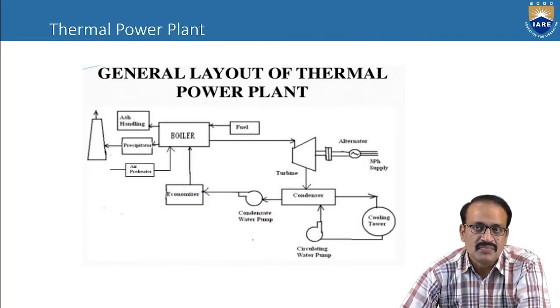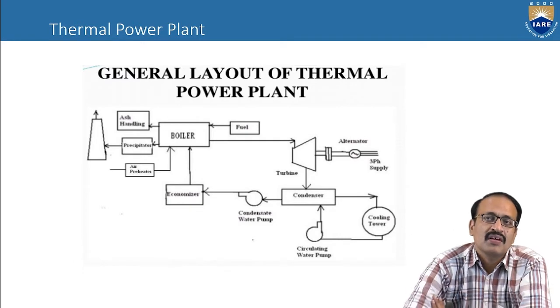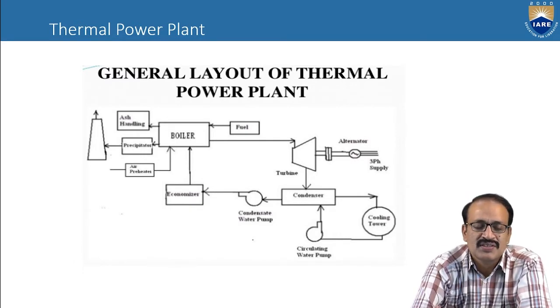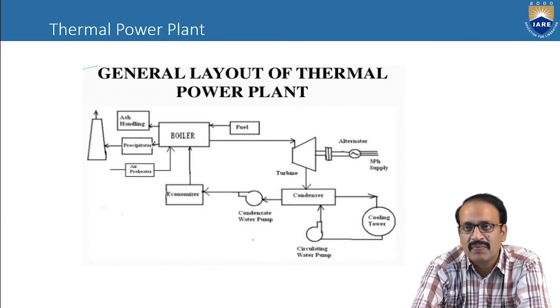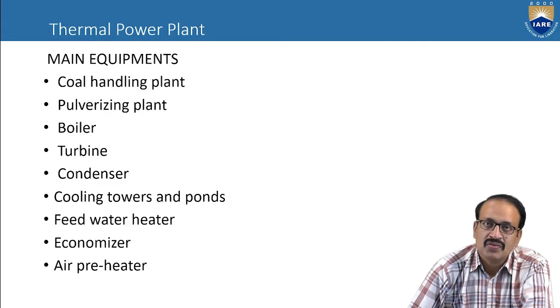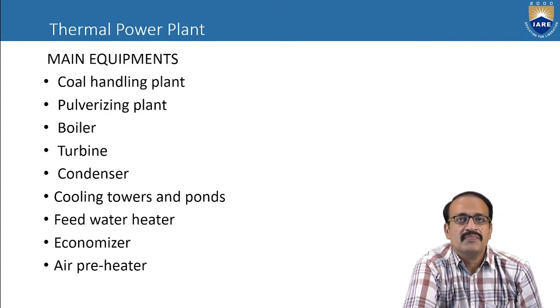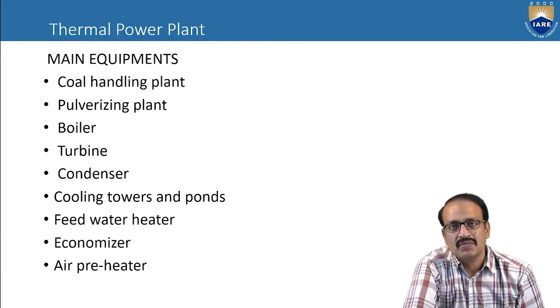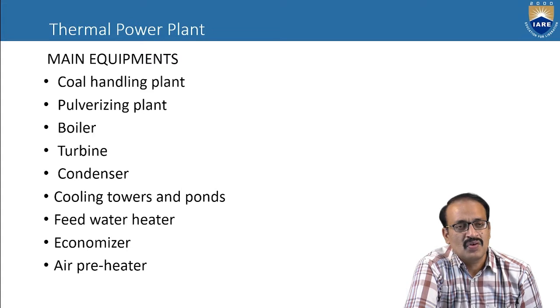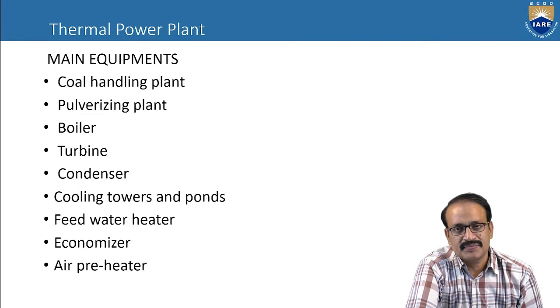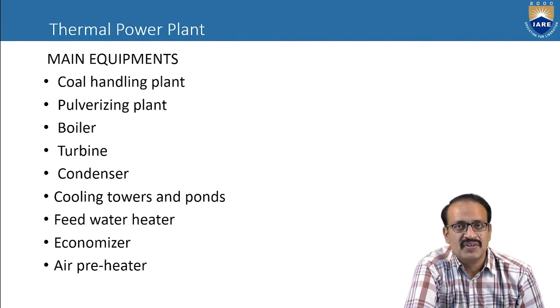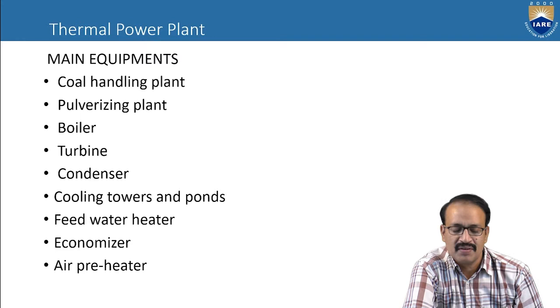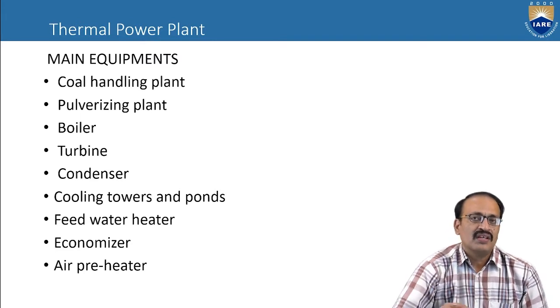As you can observe in this diagram, this is the line diagram of the general layout of the thermal power plant. The different things present in the thermal power plant are coal handling plant, pulverizing plant, boiler, turbine, condenser, cooling towers, ponds, feed water heater, economizer, and air preheater.